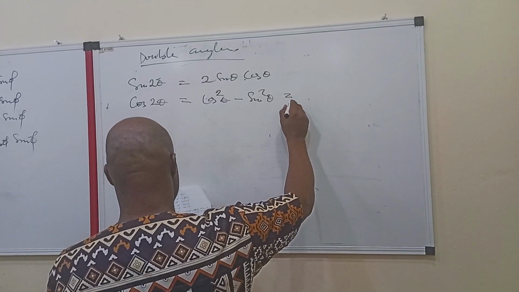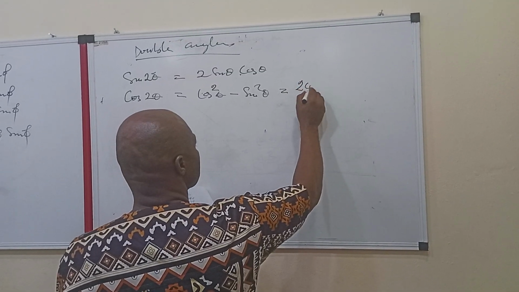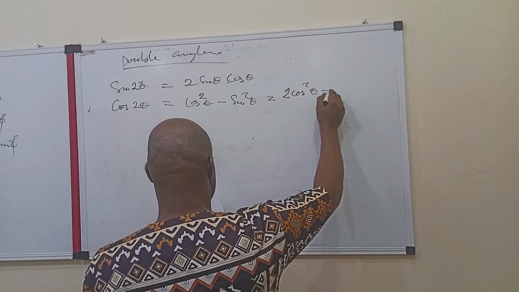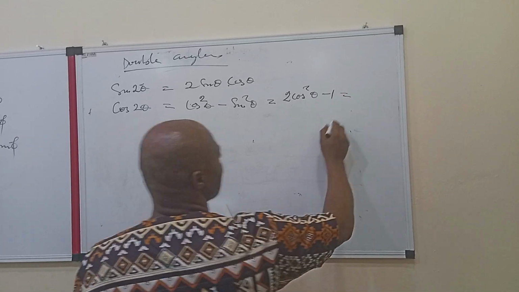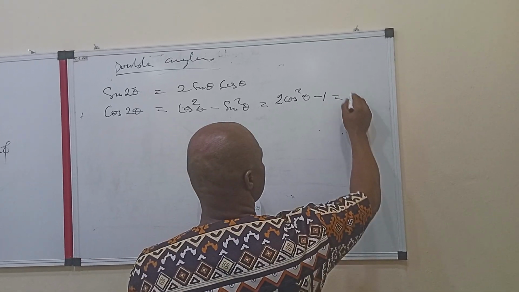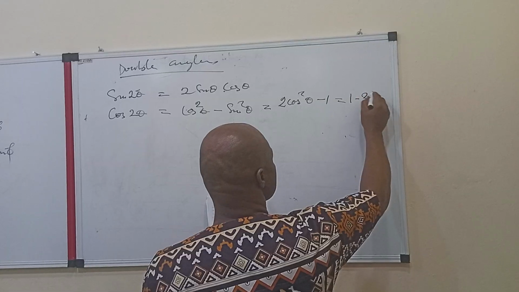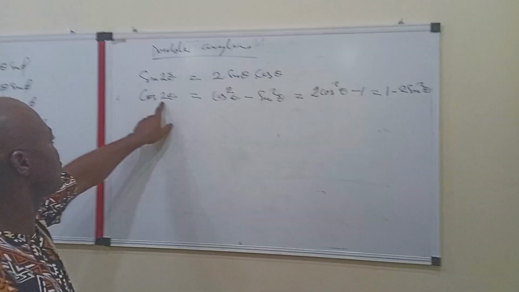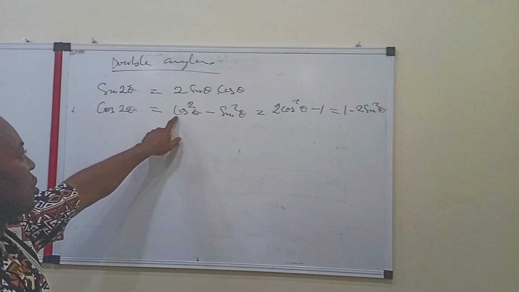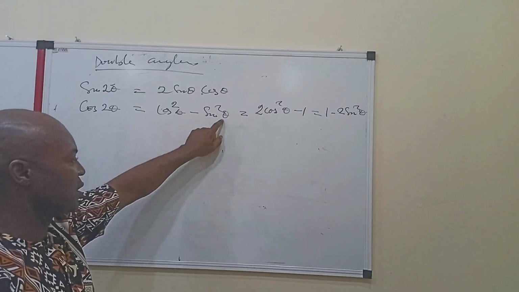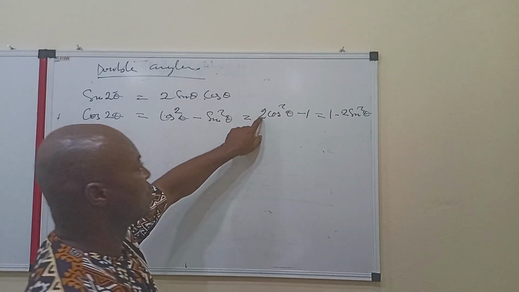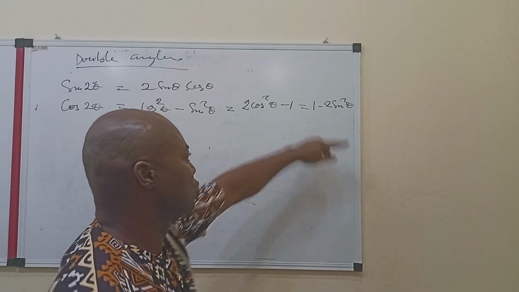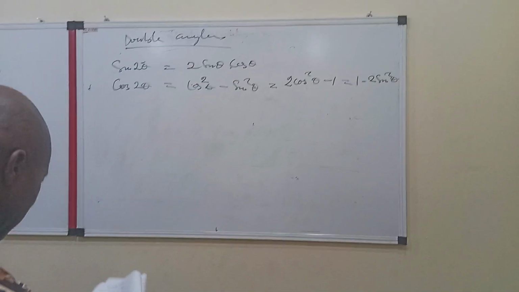This is also equal to 2 cos squared theta minus 1, and this is also equal to 1 minus 2 sine squared theta.